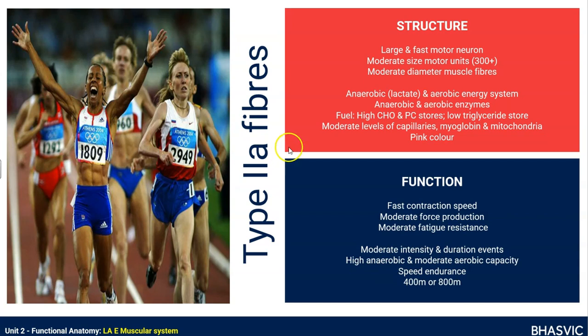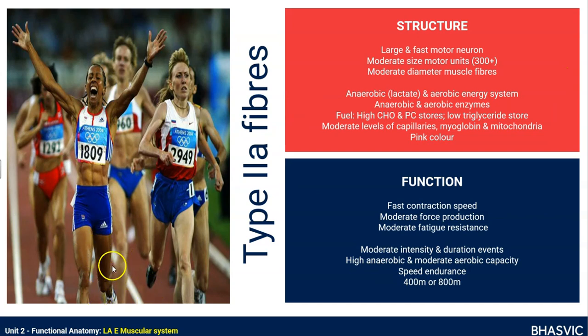However, the A bit means that they're also called an intermediate fibre, which means they also have some capacity to work aerobically as well. So these are like an in-between fibre. They mainly work for power and anaerobic purposes, but they can endure a bit longer than the type 2X fibres, which get tired really quickly. Not as much as type 1, which are purely designed for endurance. These are in-betweeners.